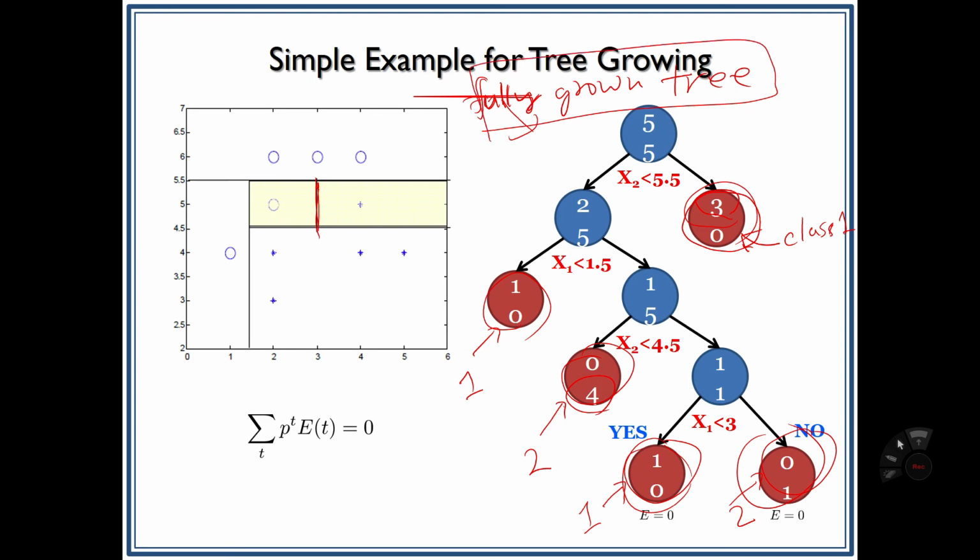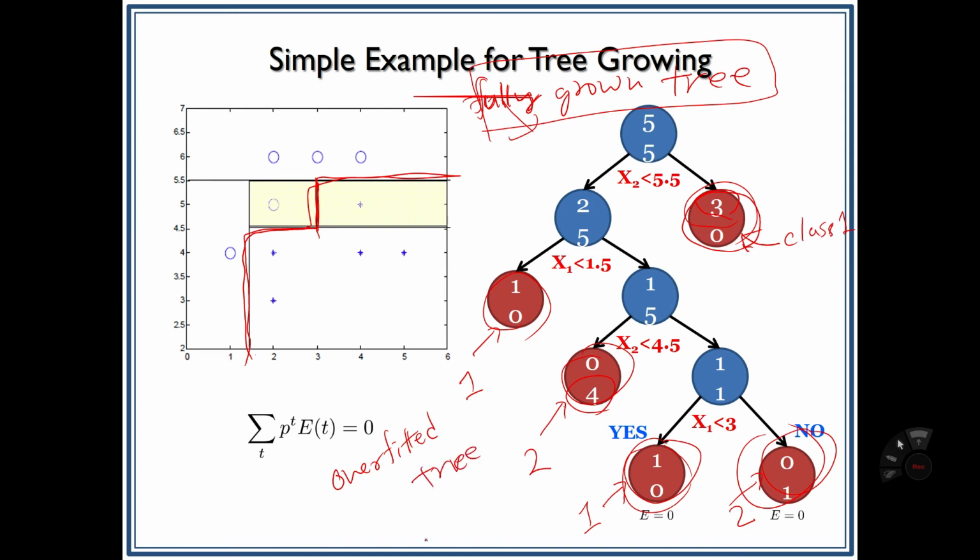And in fact, what is the training error of this fully grown tree? That is 0, right? And the decision boundary by this fully grown tree becomes this one. Quite perfectly classified. So in fact, this fully grown tree is kind of an overfitted tree.